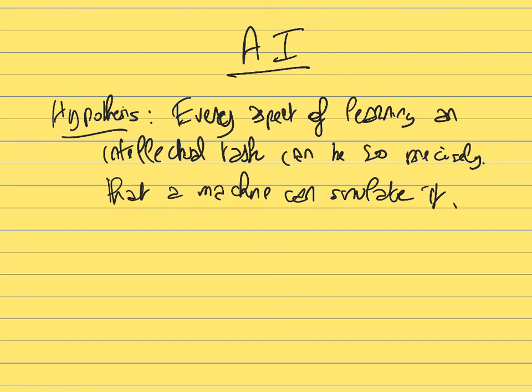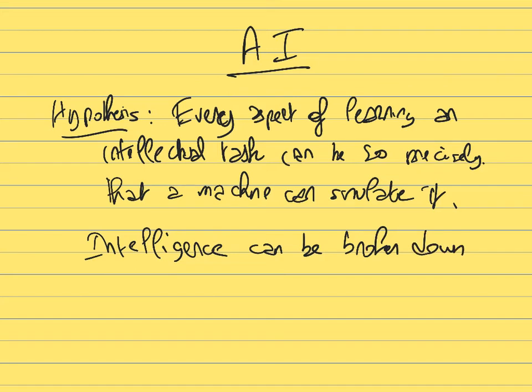So what we define as intelligence, as relevant to humans, can be broken down into very small steps. If we approach a given problem and solve it in an intelligent way, the process of solving it can be broken down into very small steps, even for a very complex problem.